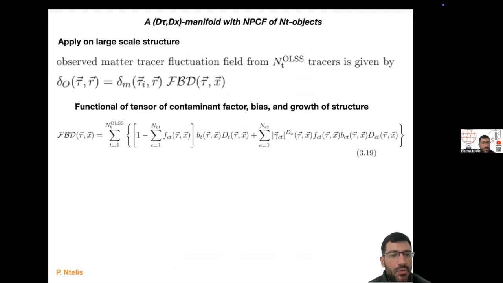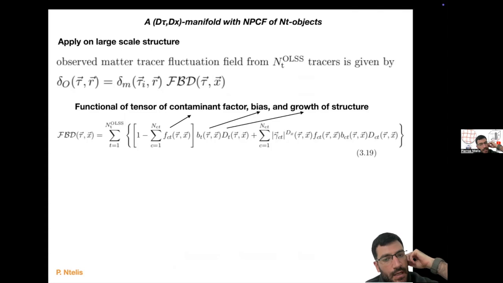And in this functional, we have the sum of all the targets from the first target up to the n target of observed large-scale structure, consider all the contaminants for each of these targets, N_C_T, and then have the factor of contaminants, the bias of the targets and the contaminants, and the growth of structure. And the first term describes the amount of actual targets, and the second term describes the behavior of the contaminants.